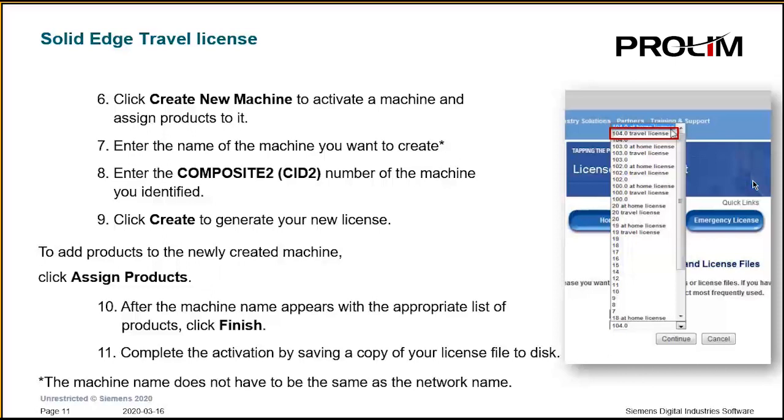To add the products to this newly created machine, you click assign products, and then after the machine name appears with the appropriate list, you click finish. And finally, you will save that newly generated license to your hard drive for later access. You can save it on a desktop or any particular directory that you can make note of.